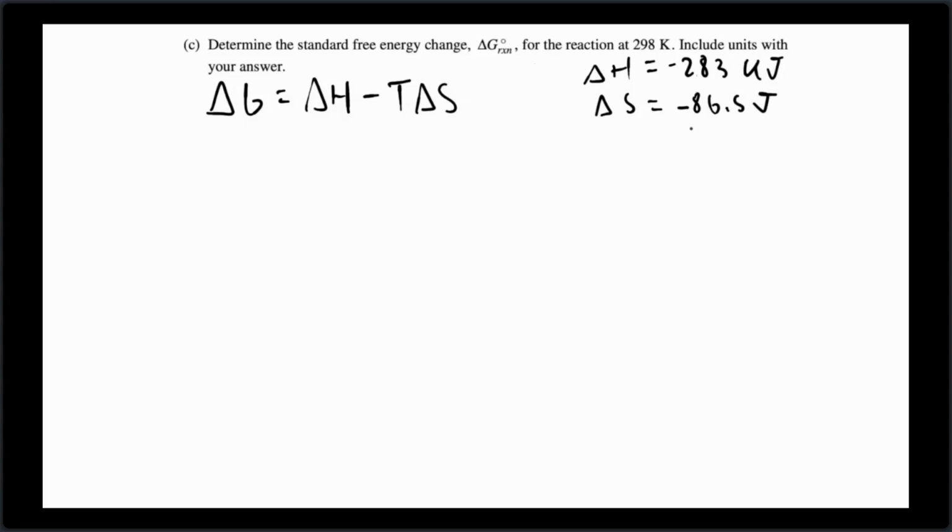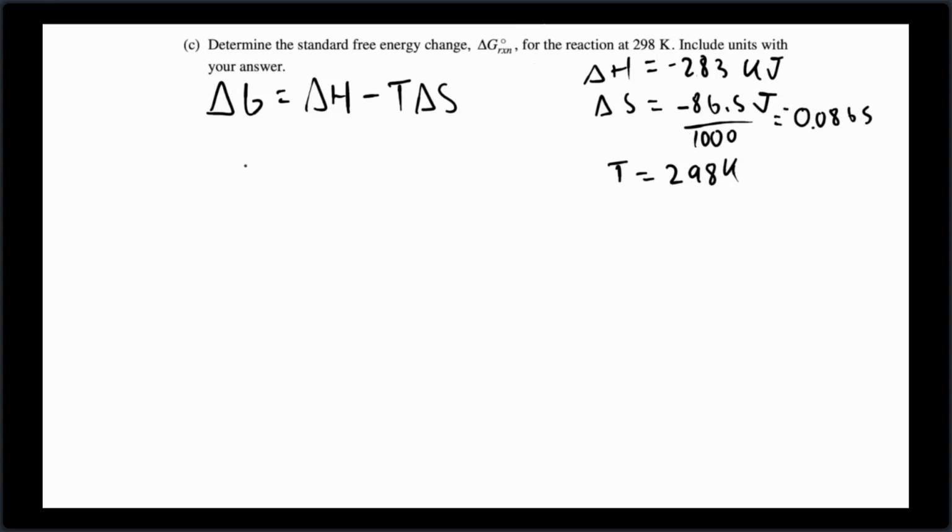But since we're dealing with kilojoules, we need to divide that by 1,000, which would get us 0.0865, and don't forget the negative, for our standard entropy change, and our temperature, which was given, and that is 298 Kelvin. And for the temperature in our standard free energy change, we always want to be in Kelvin.